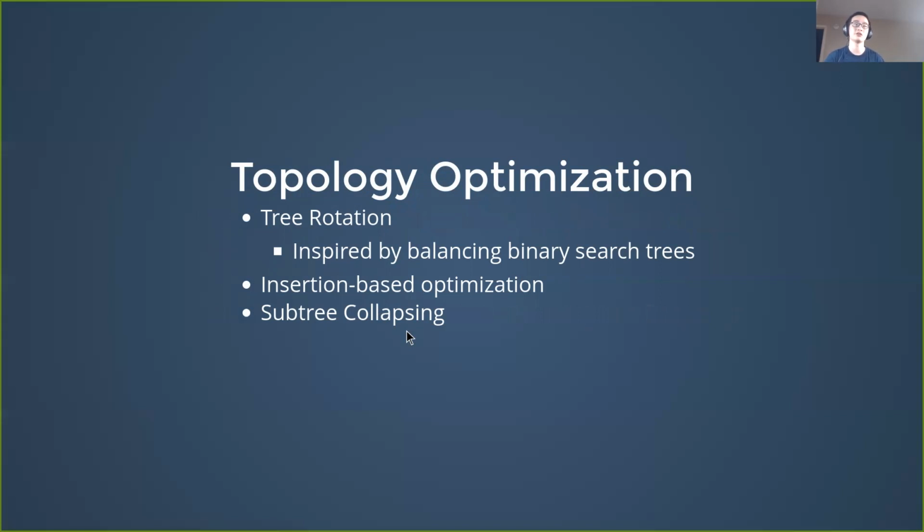In a binary search tree, we do this kind of balancing act to make the tree more balanced, and the same kind of technique can be performed on a BVH. We can also perform insertion-based optimization and subtree collapsing, which means in certain kinds of BVH construction algorithms, for example bottom-up, we can have the situation where we have a BVH node with only one child, and in this case, we can just get rid of this node and then use this child as a primitive node.